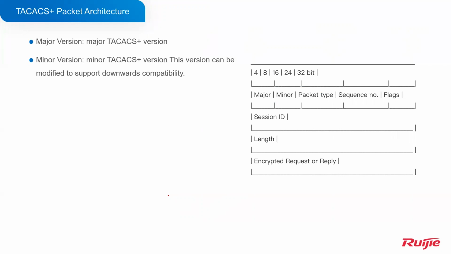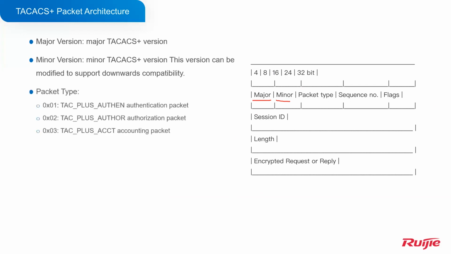Okay, let's see it. First is the major version, which is the major TACACS+ version, and the minor version. You can see the major version is here actually, right? And the minor version is the minor TACACS+ version. This version can be modified to support downward compatibility.